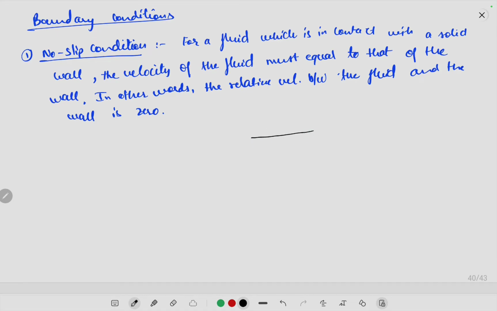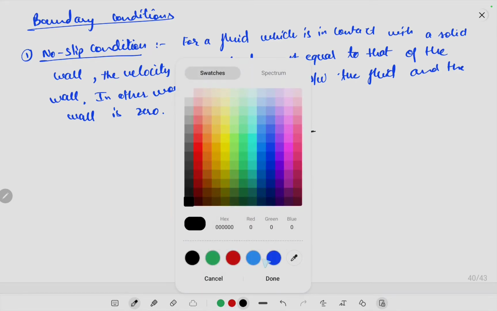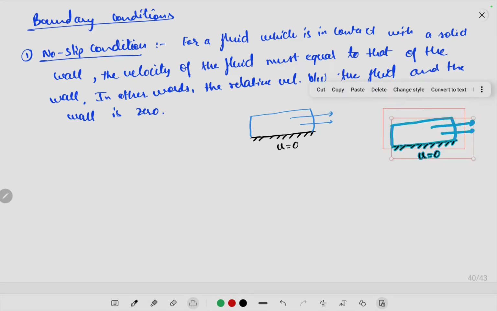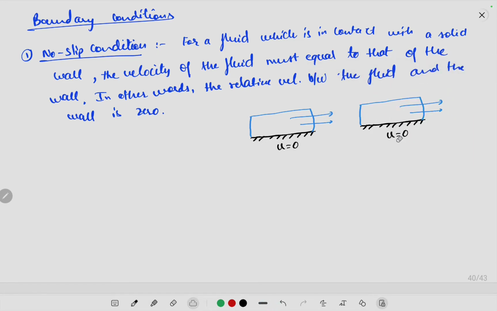Let's say this is your solid wall, and let's say the fluid is flowing like this. Let's say your solid wall is stationary, or moving with some velocity u. So in one case the wall is stationary, and in the other case this is moving with velocity, let's say u.